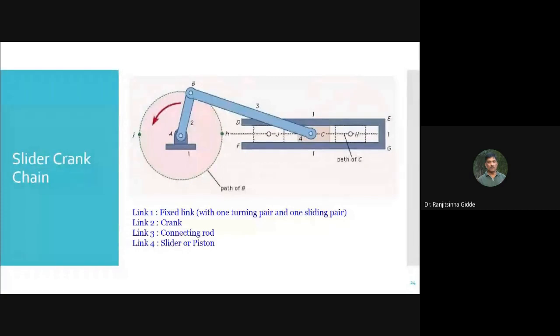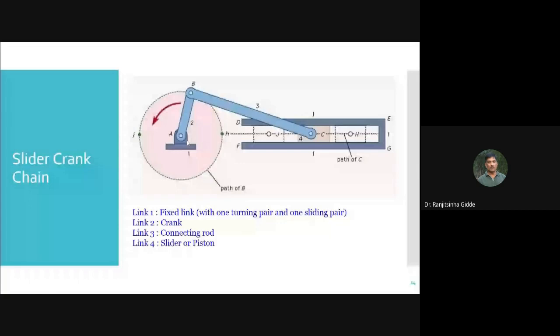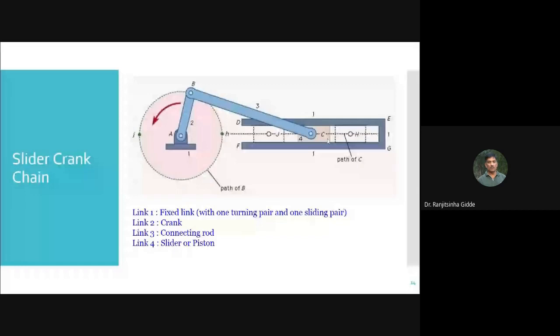Suppose this piston is going to reciprocate, we will get rotation of the flywheel. Imagine flywheel here. Or if we are going to rotate the flywheel, you will get definite motion of the piston. Therefore it is called as a mechanism.